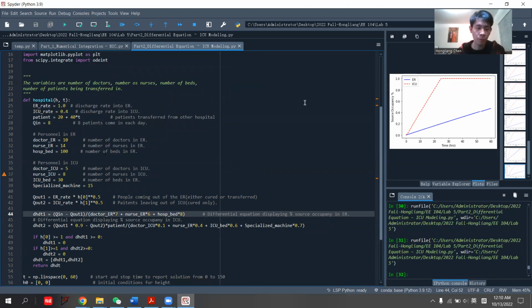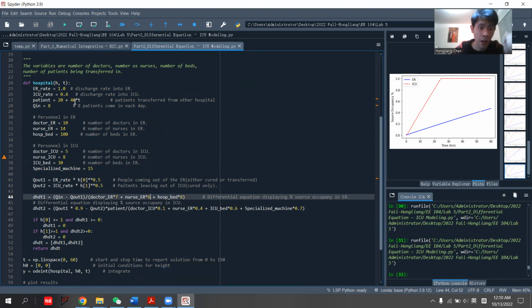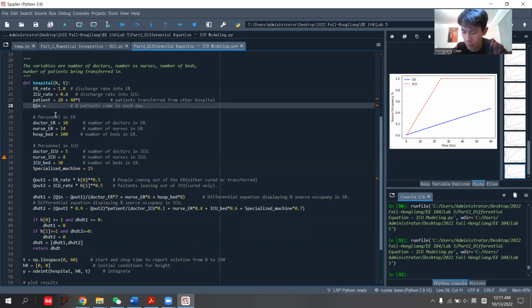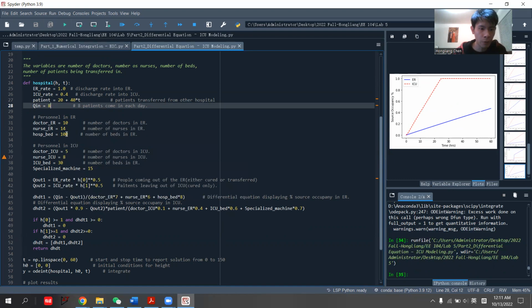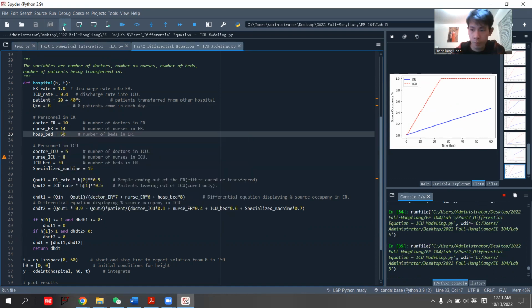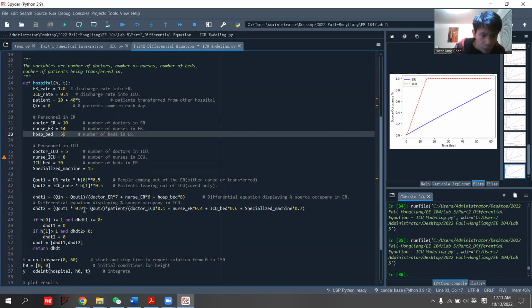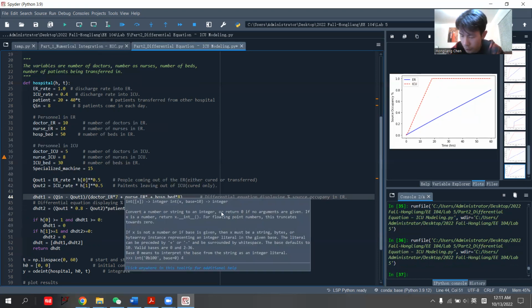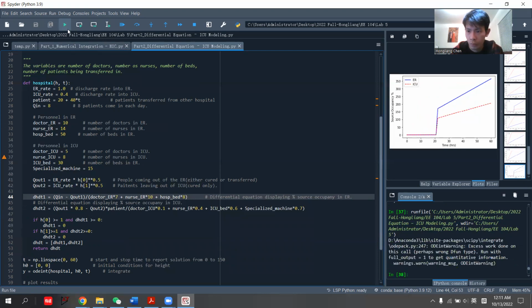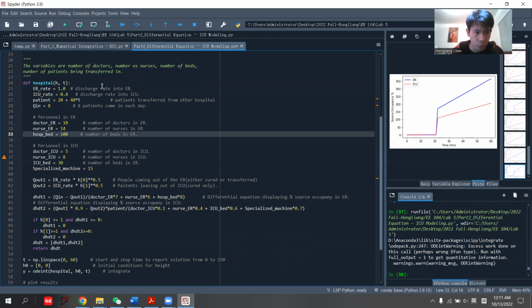Sorry about taking time to fix the code, because the number of patients sent to the ICU affects the differential equation deeply. Say only two people are sent in. Let's keep everything, keep the human resources.